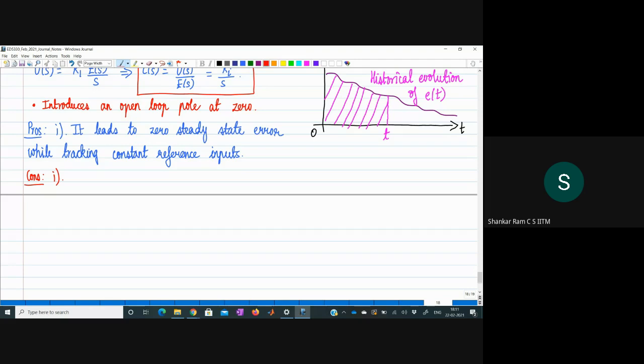So we can immediately observe that we have this integral controller wherein the error is kept integrated. If that is the case, we can have a scenario where potentially the integral of the error may go to such an extent that it may exceed the capability of the actuator.